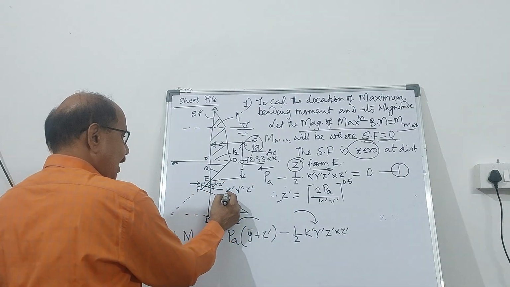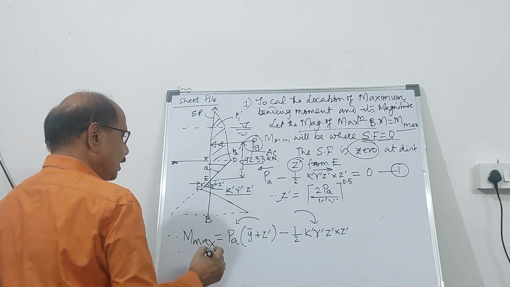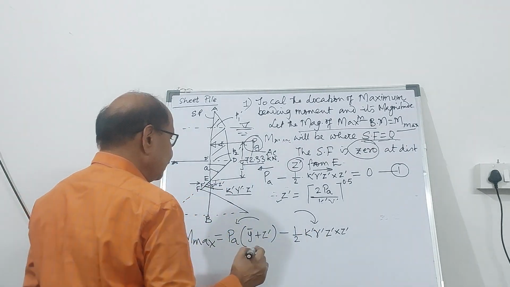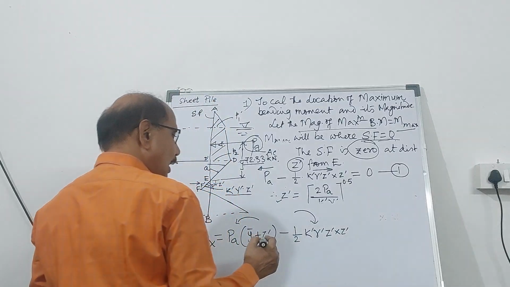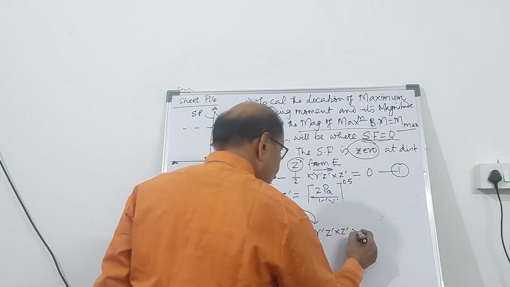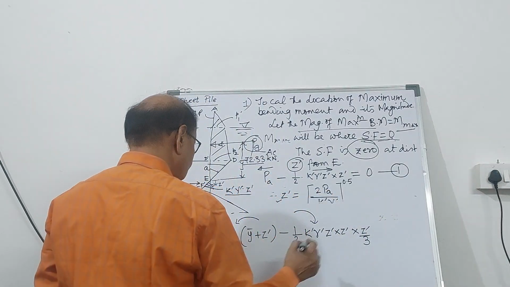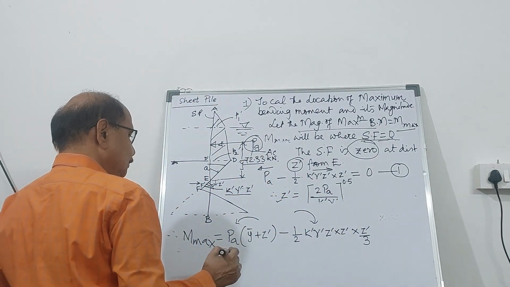So half into base K prime gamma prime Z prime into this height Z prime, and into Z prime by 3.